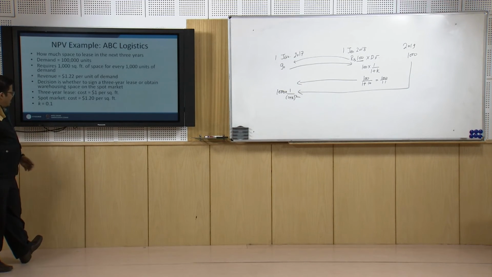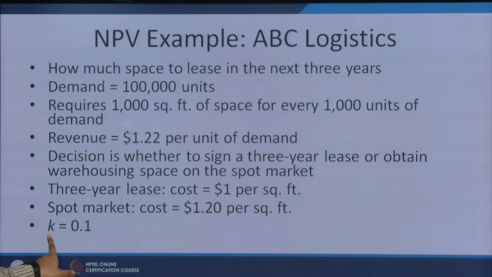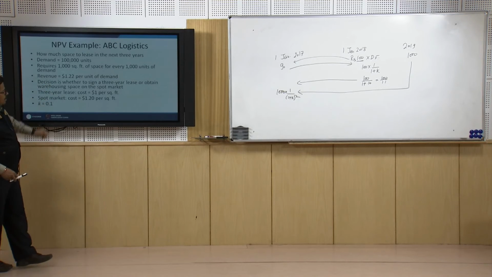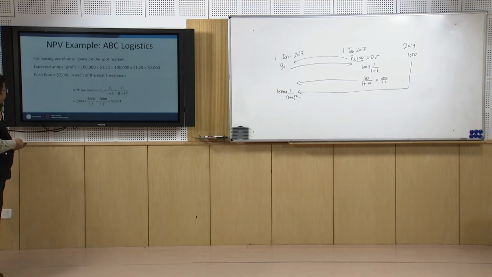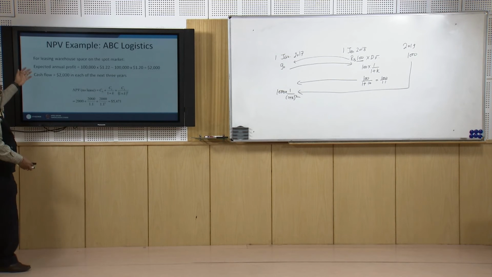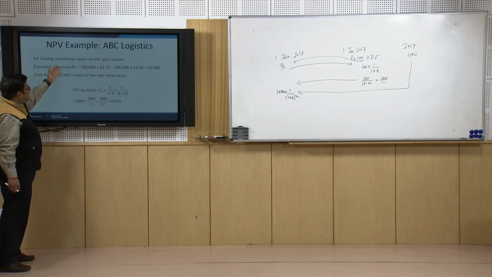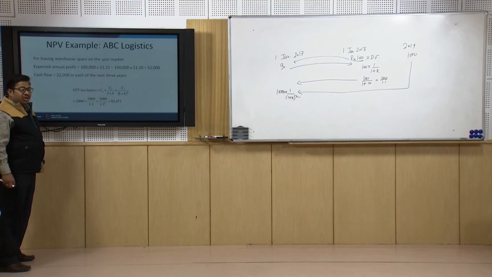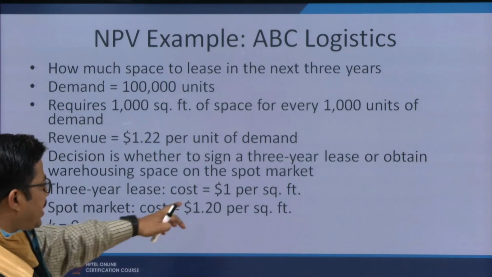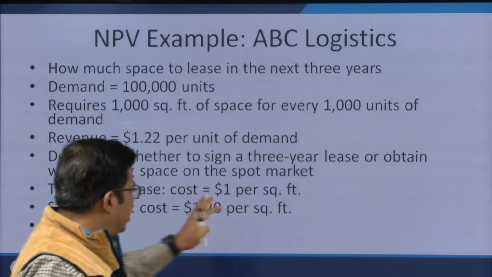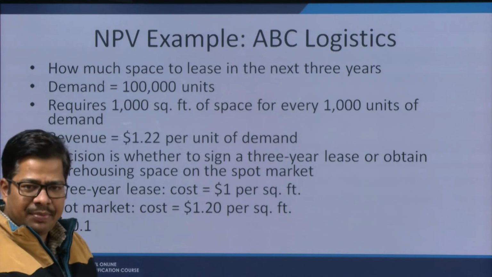So the spot market is slightly costlier, and the rate of return is 10%, which is also written as 0.1. So this is the data available to us, and now we will use this NPV method. One option is to have a 3-year lease, and the second option is the spot market.